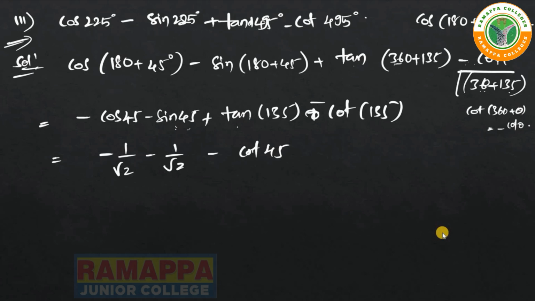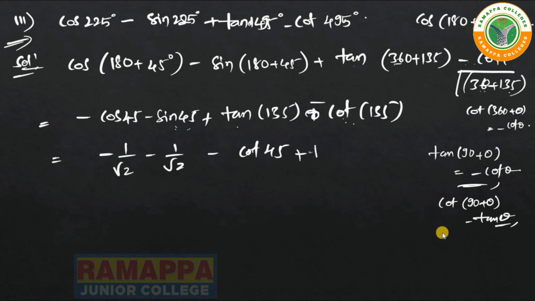Here tan of 90 plus theta is equal to minus cot theta. Remember this formula, and cot of 90 plus theta is equal to minus tan theta. Remember these two formulas, they are very important, and here plus tan 45 will come.